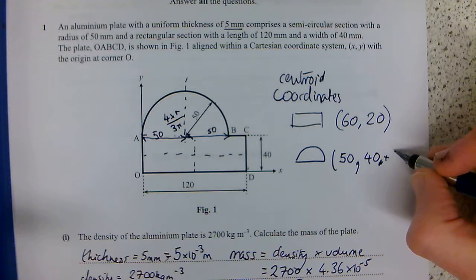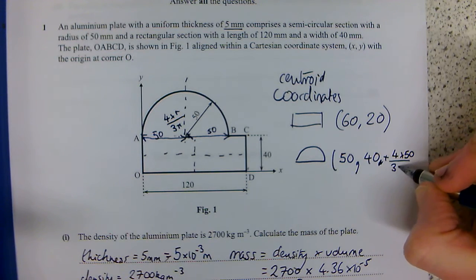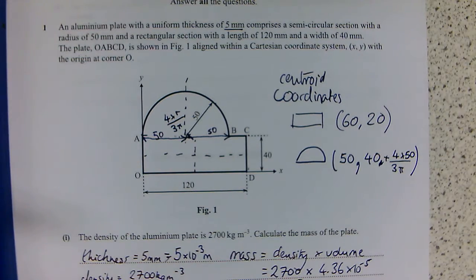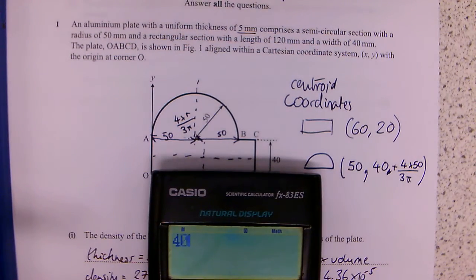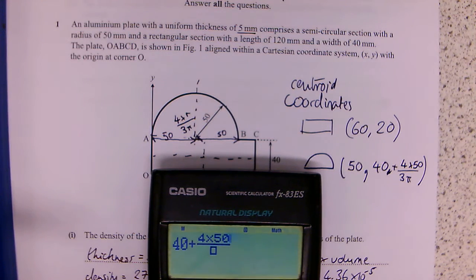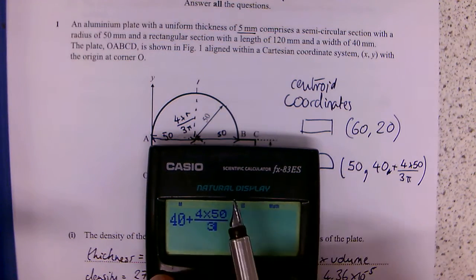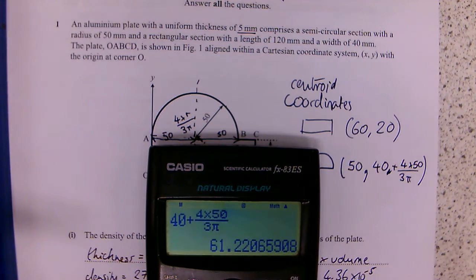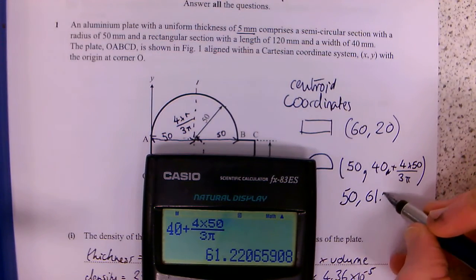So that is 40 plus 4 times 50 over 3 pi. So we put that into a calculator and we find out what it is. So that is 50 and 61.22.